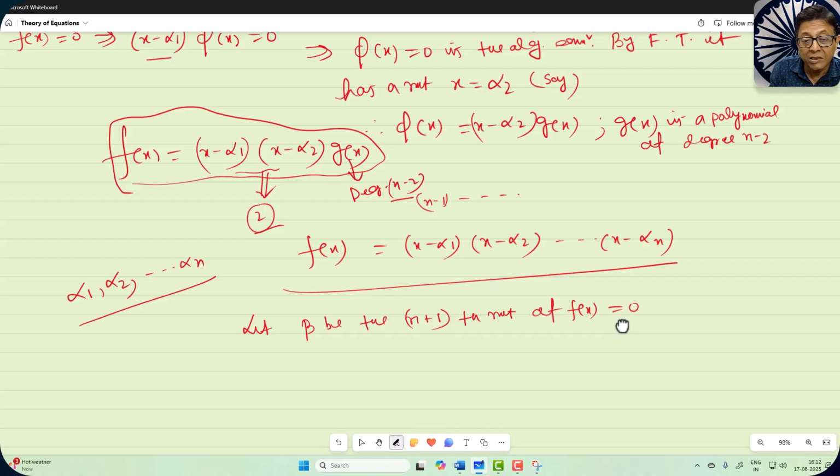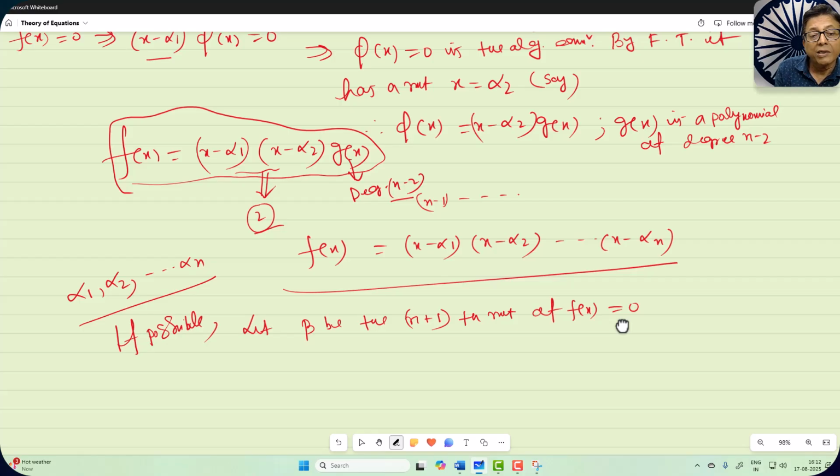Root means it will satisfy the equation. For a quadratic equation, if you get two roots 2 and 3, then if you put x equal to 2, it will be satisfied, and x equal to 3 will also be satisfied. We have assumed that, if possible, beta is the n plus 1th root.